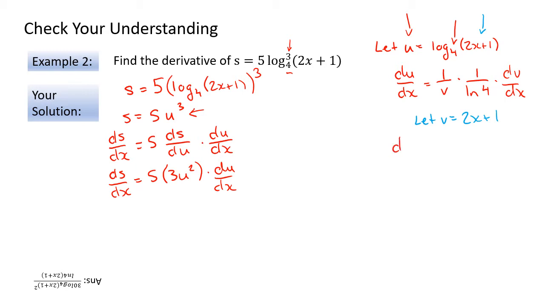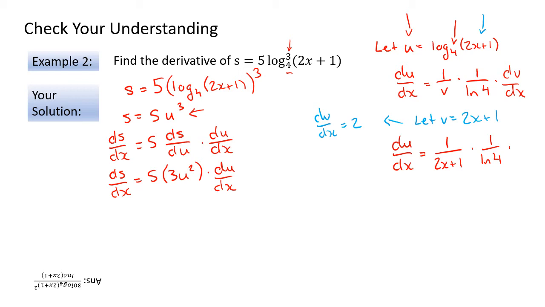So our derivative du by dx is equal to 1 divided by 2x plus 1 times 1 over the ln of 4 times dv by dx. Dv by dx would simply be 2, because the derivative of 2x plus 1 is just 2.